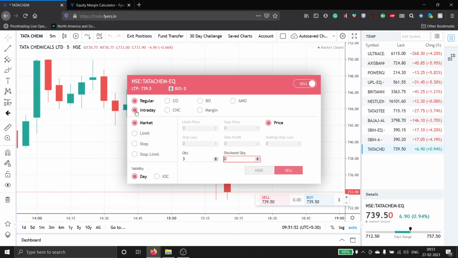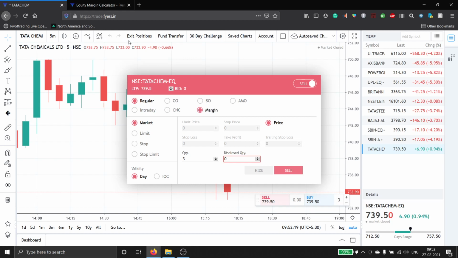That means at the end of the day, whatever the price of the stock, it will buy at that price and fulfill the sell or short position that you have taken in the day. So in intraday you can go short and long, but in CNC you can go only long. That's the meaning of CNC, cash and carry.